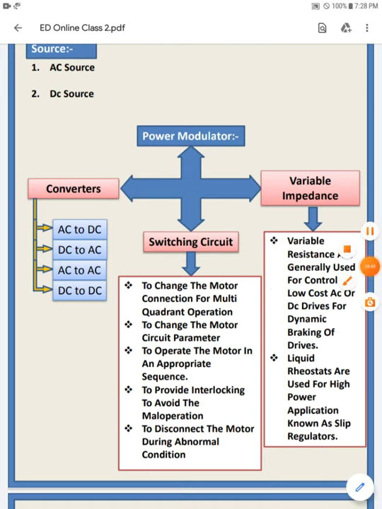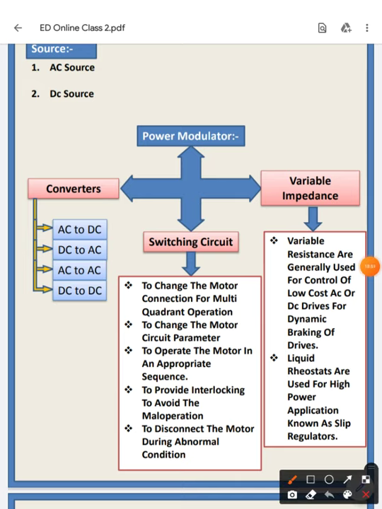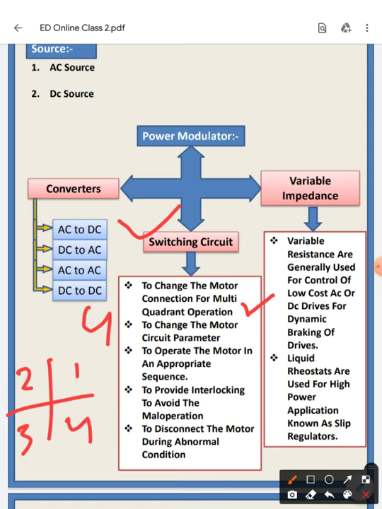There is very useful work for this switching circuit. By using this switching circuit we can operate our system in four quadrants: first, second, third and fourth quadrant operation. And to change the circuit parameters, that is voltage and current.